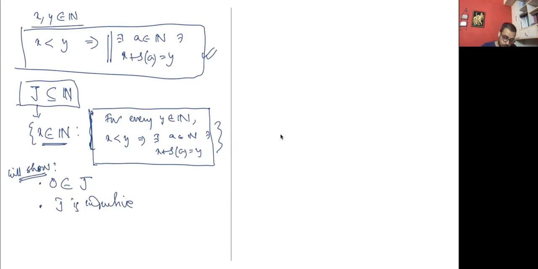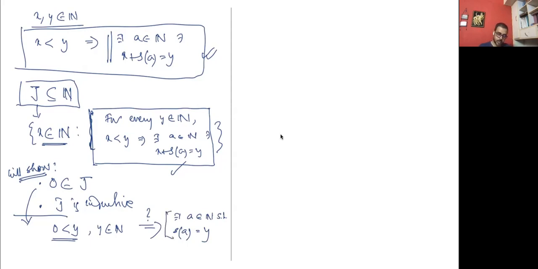So 0. Does this hold for 0? So what do we need to check? We are now verifying this statement, whether this is true. So what we need to check is, whenever 0 is less than y, y is something in N, does this imply that there is an a in N such that 0 plus s of a, which is s of a itself, is y.